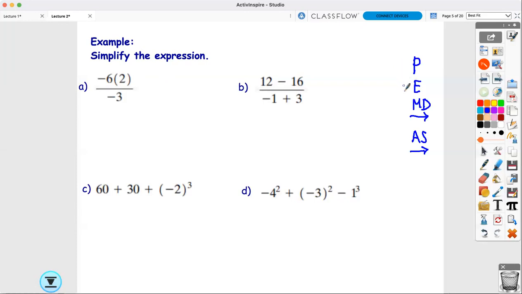There are no exponents, so we multiply first. -6 times 2 is -12. I'm going to bring down the -3. Now that the top is done and the bottom is by itself, we divide the top by the bottom. -12 divided by -3. Remember, two negatives make a positive. 12 divided by 3 is +4. And we're done with A.